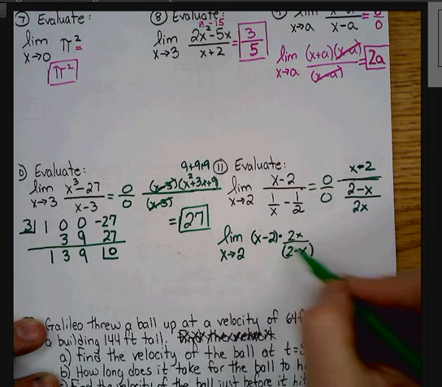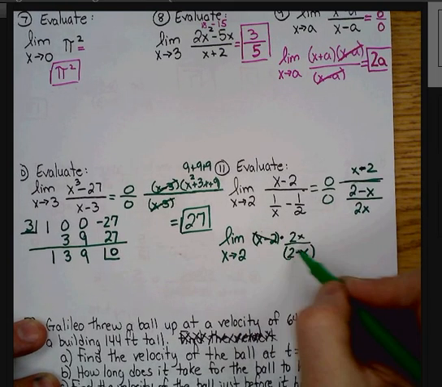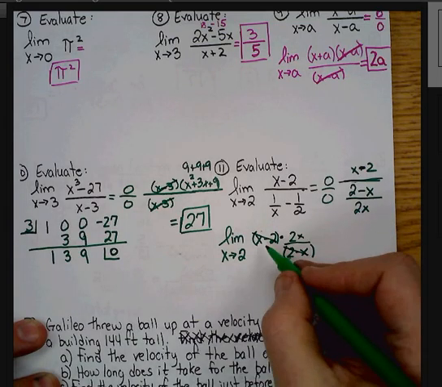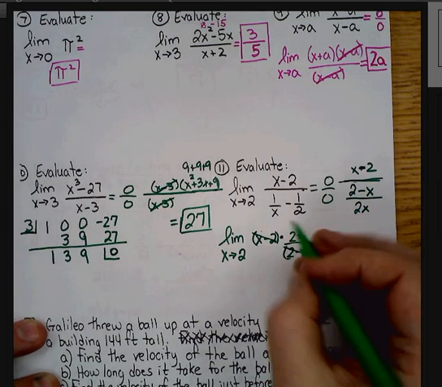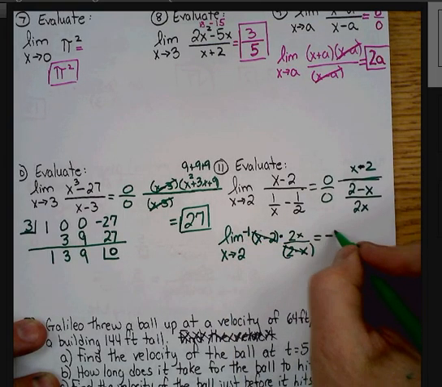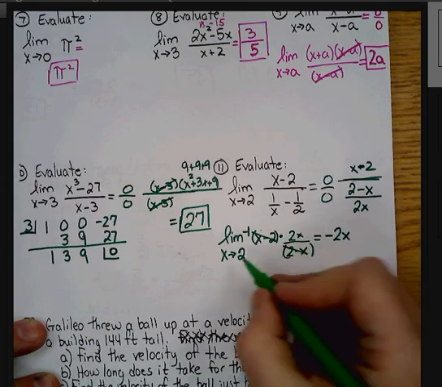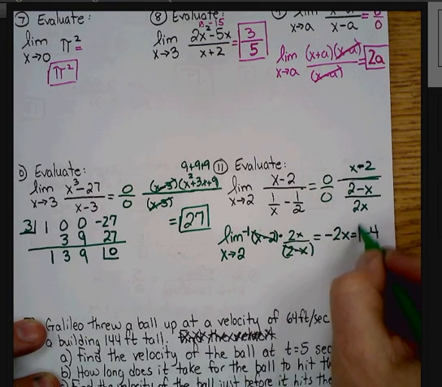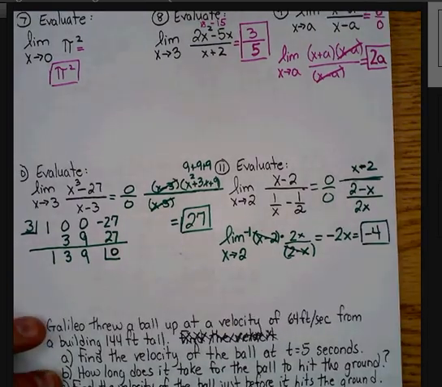Well, these two pieces are going to cancel out. Even though they don't look the same, they are. If they're the same two terms around a minus sign and the order is just switched, they cancel out and leave you with a negative 1. So this is just going to turn out to be a negative 2x. Now I have no problem with x going to 2. I plug it in and I get a negative 4. So there's the limit to that one.